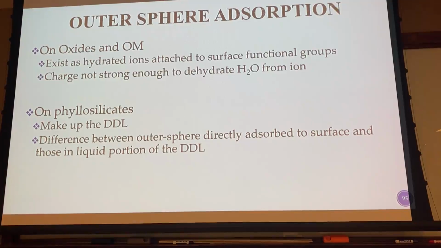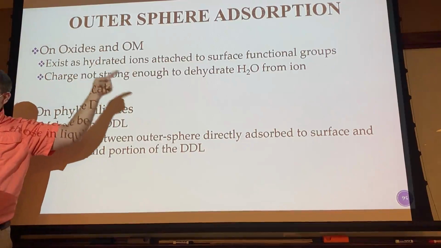We can have some of this on the oxides and the organic matter. They will be hydrated on the surface of those functional groups. So that's why the functional groups of organic matter and how they have that charge, the negative charge, will allow some of our cations to be adsorbed, but the charge is not strong enough to dehydrate the water from either an anion or a cation.